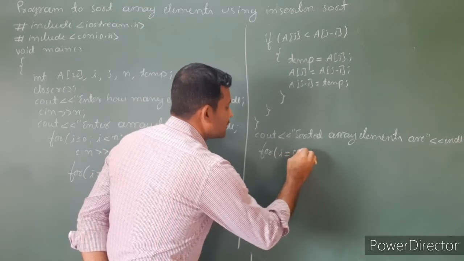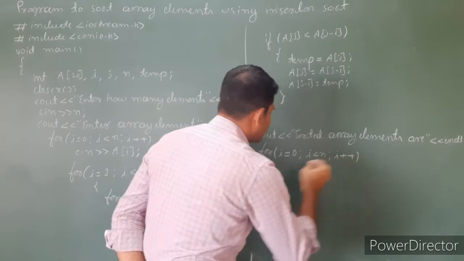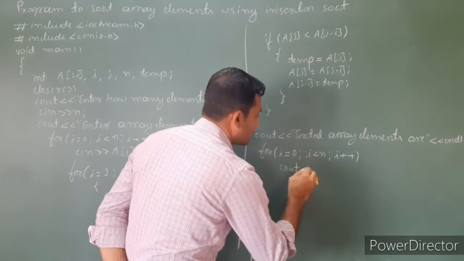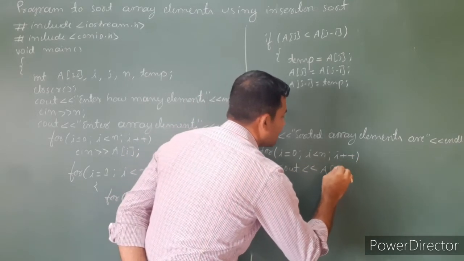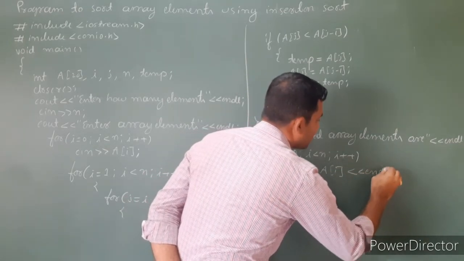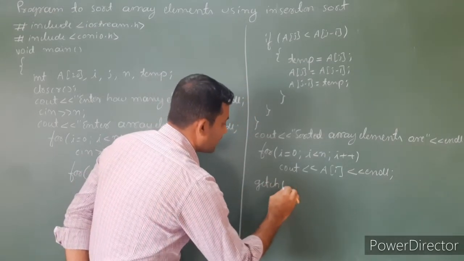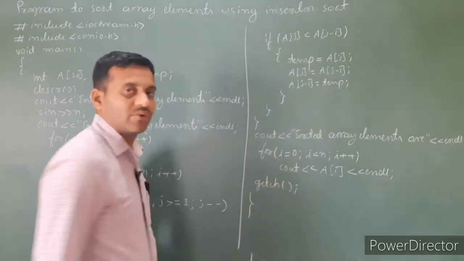Here it starts from 0, i less than n, i plus plus. cout array of index value i, move on to the next line, endl. Then getch, close the program.